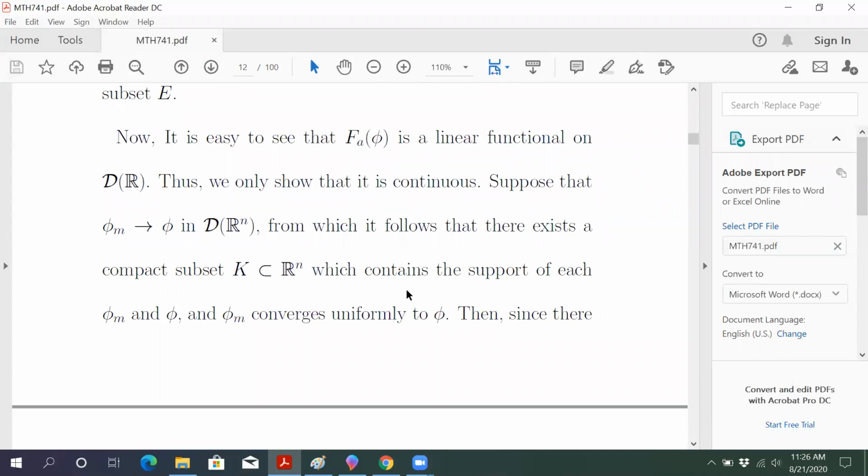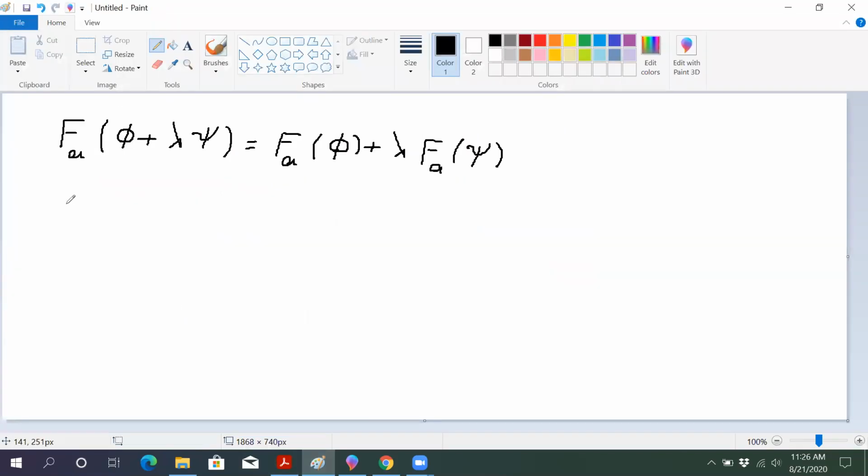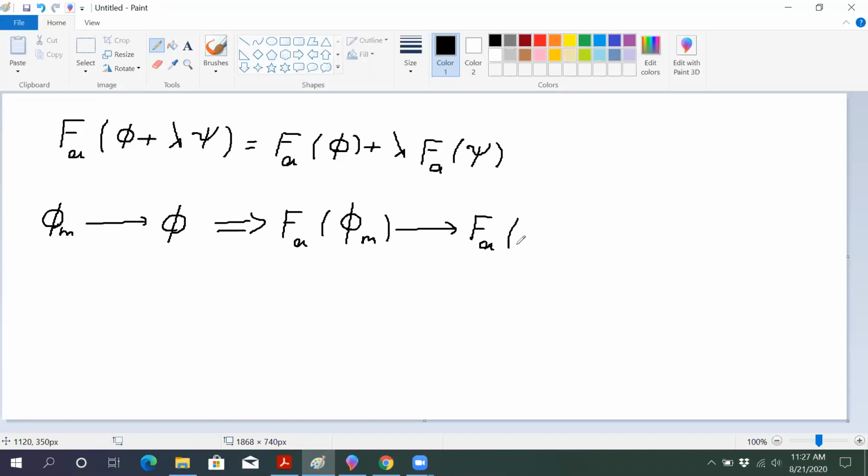Do you remember, if you want to show that F_A is continuous, you have to suppose that phi_m is a sequence of test functions convergent to phi in D(R^n), then F_A(phi_m) is convergent to F_A(phi).